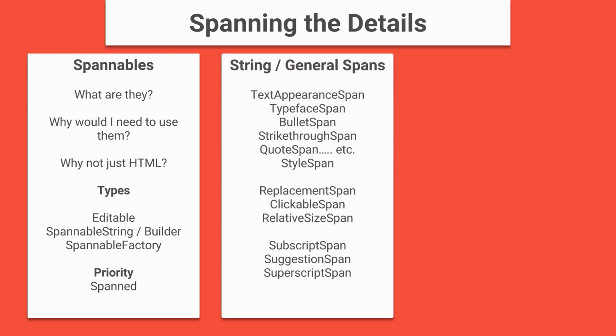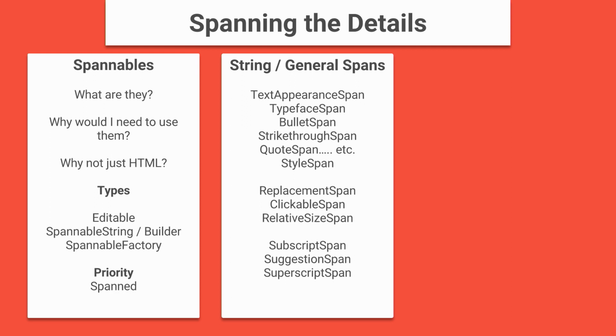So this is kind of the more general use case. If you've ever used Spannables or spans, you've probably used them for strings and only string content, pretty much typefaces, things that you would normally use a document for, right? So when we think of those objects, it's text appearance, typeface, bullet spans, strike-throughs, quotes.